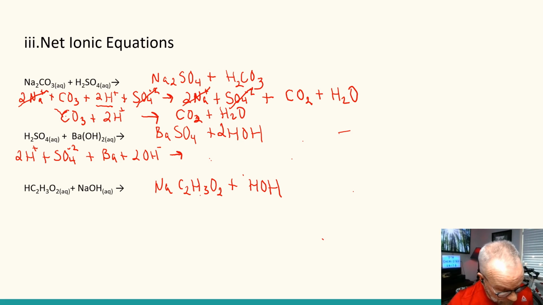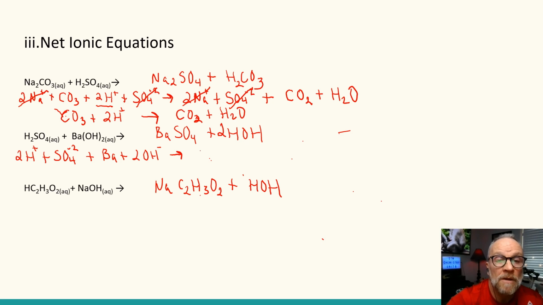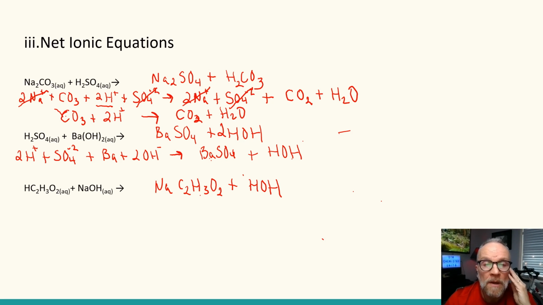So sulfates are usually soluble, but barium is an exception. It is insoluble. So here we have barium sulfate sticking together, and then water will stick together as well. So this one doesn't have any spectator ions. So on this one, the ionic equation and the net ionic equation are the same thing. So we're good there.